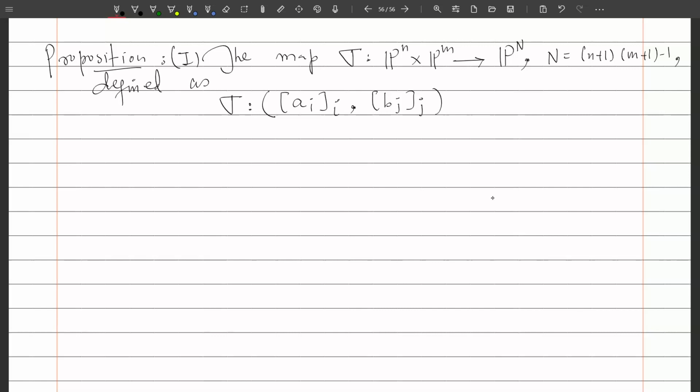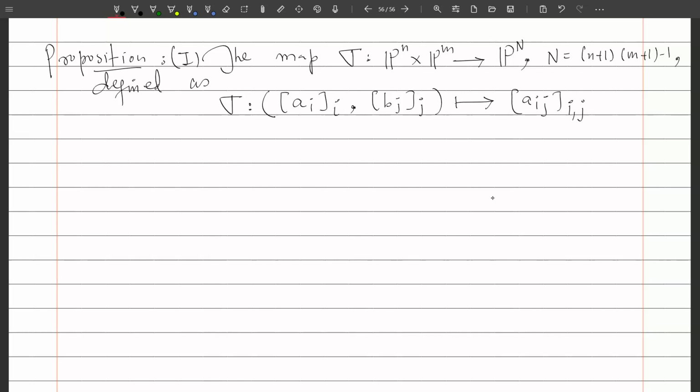So it takes this point to the vector a_i b_j, where i goes from 0 to n and j goes from 0 to m. So this vector has (n+1) times (m+1) coordinates.